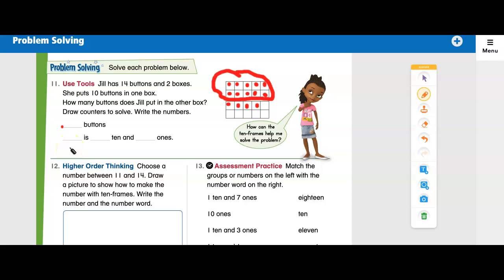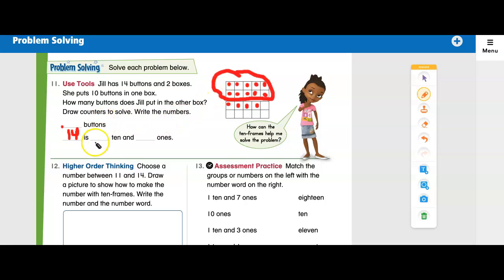It then wants us to tell the number 14 is made up of how many 10s and how many 1s. You can look at the 10 frame to help you. How many 10s did we use when making the number 14?